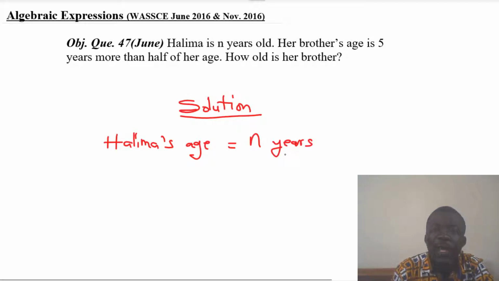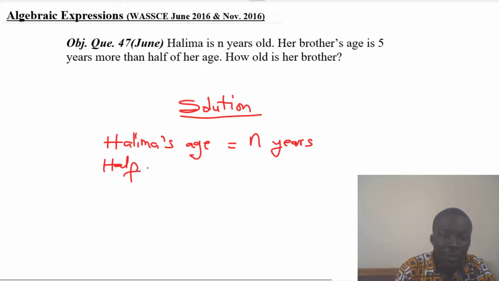Her brother's age is 5 years more than half of her age. So we can break that one into two. The first one will be half of Halima's age, which is equal to half n.